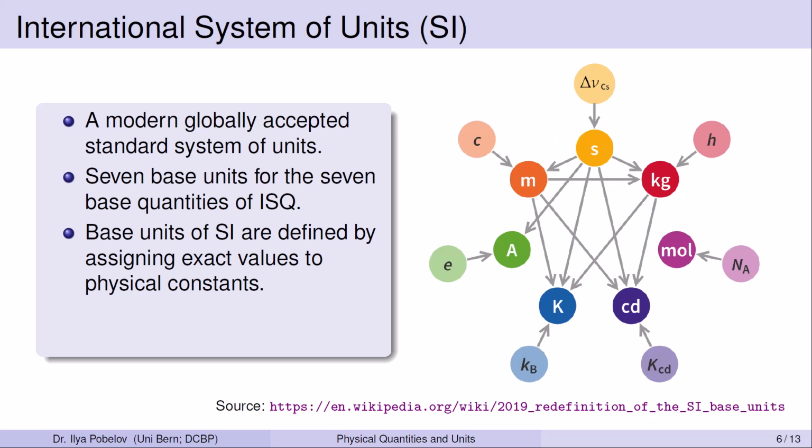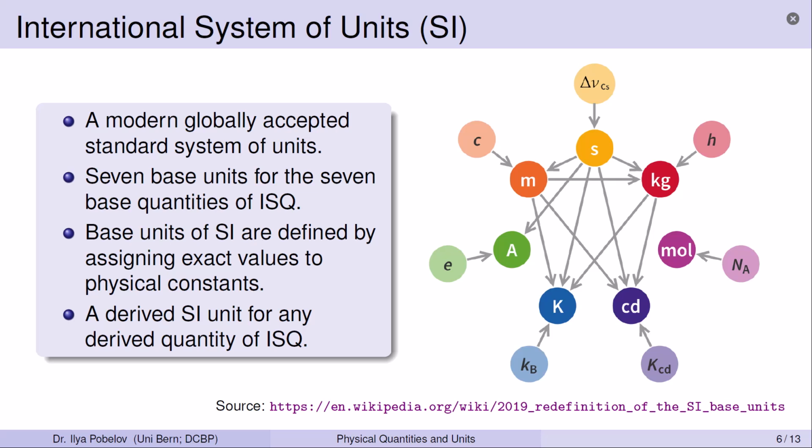The specific definition of base units of SI are not crucial for their practical use, but if you are interested in the science behind these standards, you can read more about it, for example, on Wikipedia. Using 7 base units of SI, it is possible to construct a derived unit for any derived quantity of the International System of Quantities.